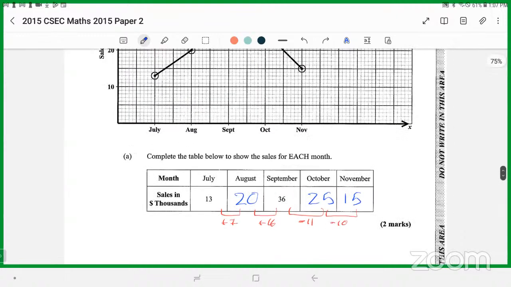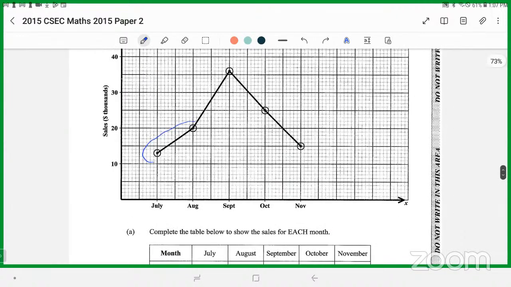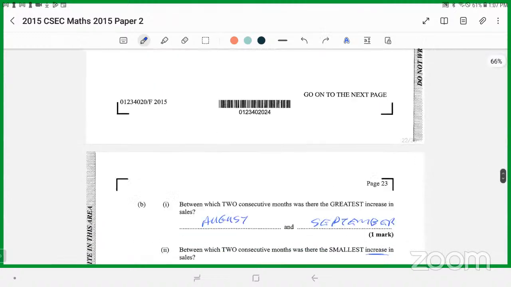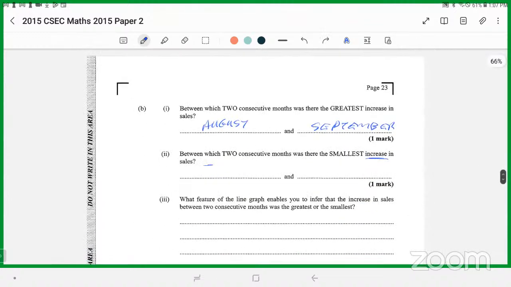This one right here: July to August. So July to August had the smallest increase.